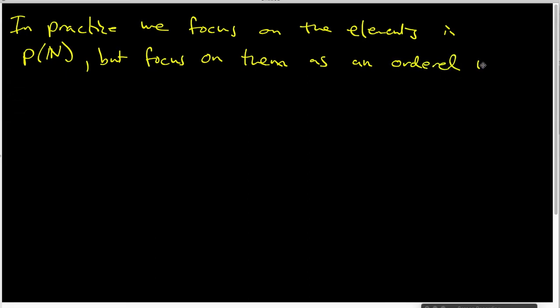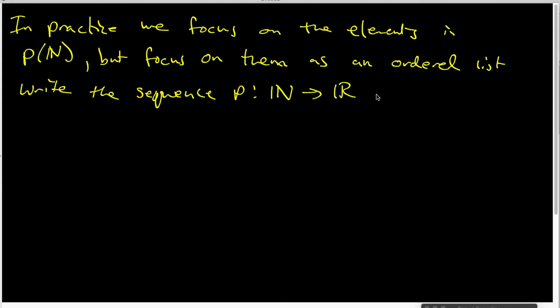And we typically write the sequence p going from the natural numbers to the real numbers as, and we use set braces, but this is an abuse of the set brace notation.